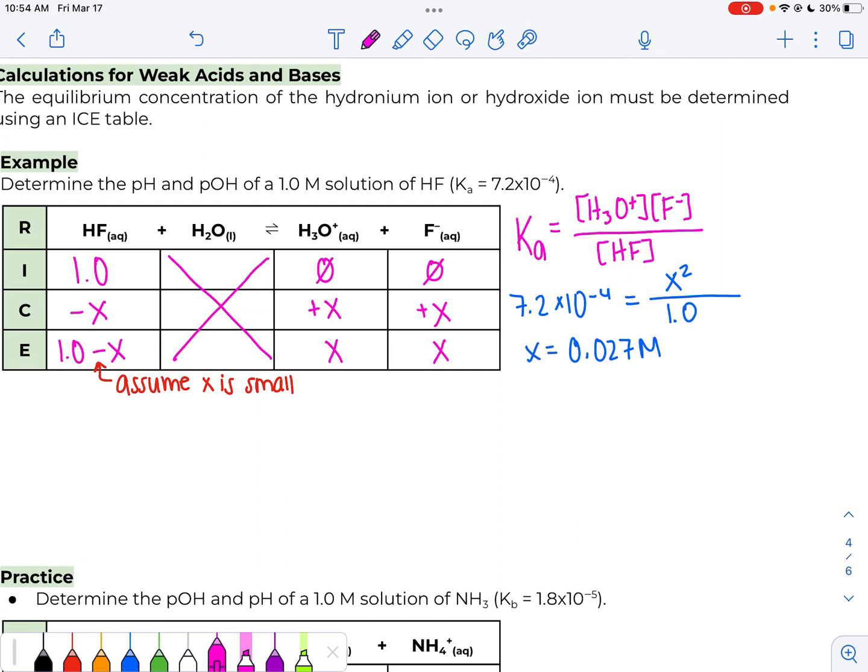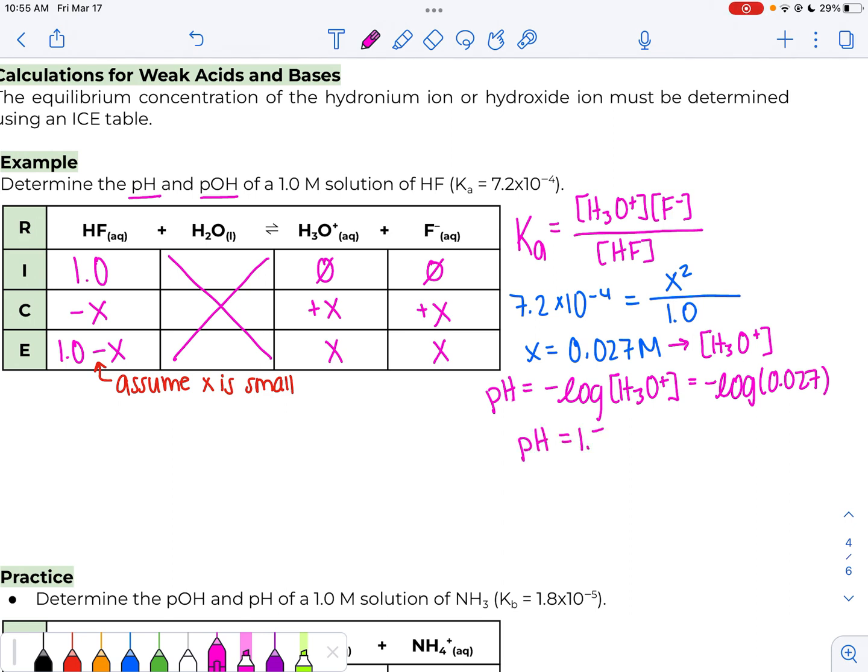All right, so what does this actually represent? Why do I care about this? Well, in this problem, I'm trying to determine pH and pOH. So all I really care about right now is that this is equal to the concentration of my hydronium ion. If I want to find pH, pH is equal to the negative log of the concentration of my hydronium ion, which I just solved for. So it's equal to the negative log of 0.027.